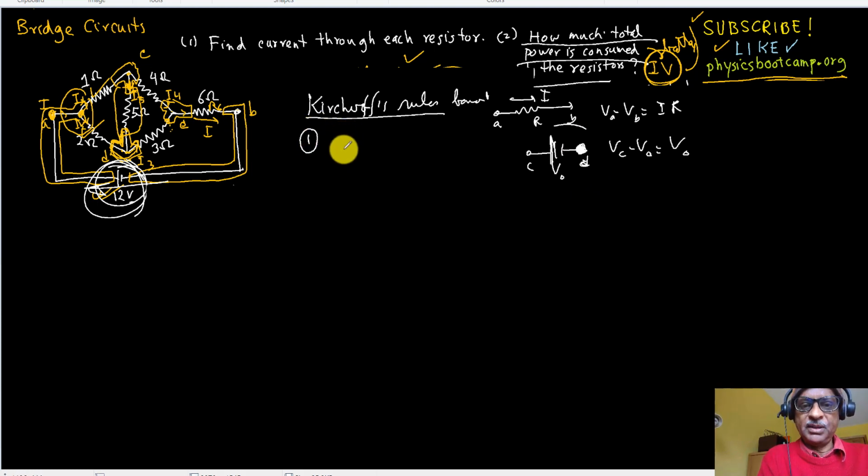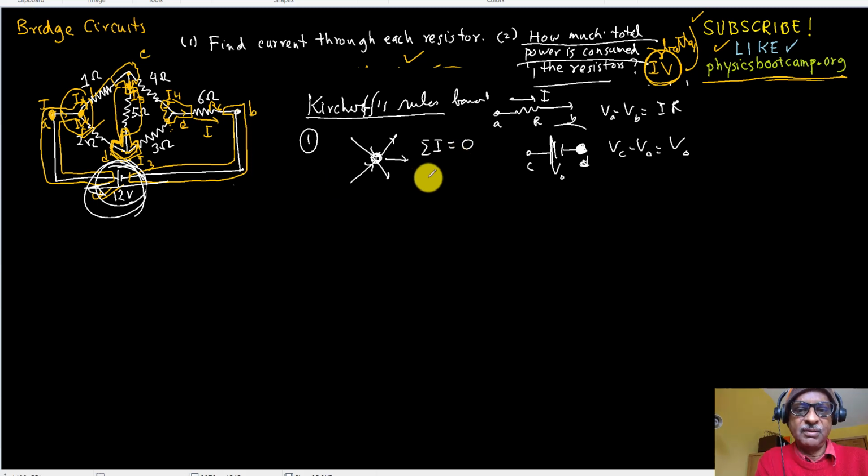At any junction, if some currents are coming in and some currents are going out, the sum of all the currents should be 0. In is positive and out is negative.